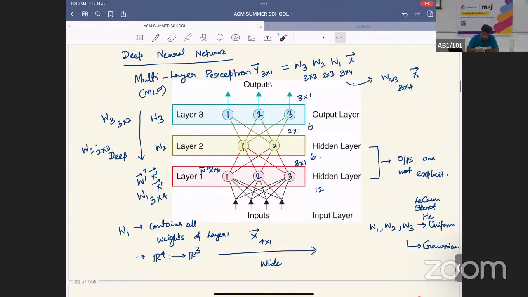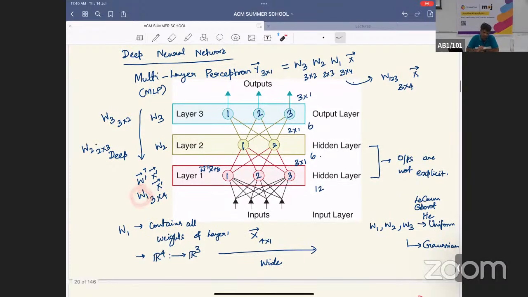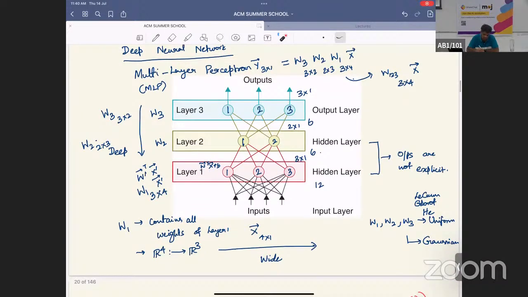Okay. Then I can write the matrix as a W1 matrix because it corresponds to layer 1. It is a 3 cross 4 matrix, 3 rows, each of them has 4 columns. And then it will multiply an input of size 4 cross 1. So it will give out a vector of size 3 cross 1, which are the outputs of these 3 neurons.